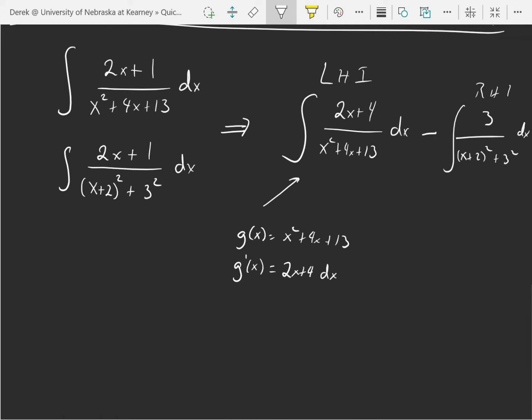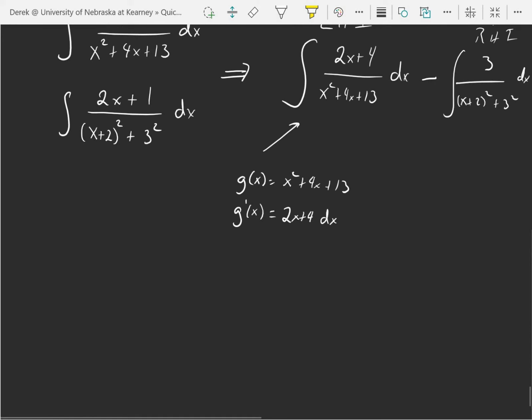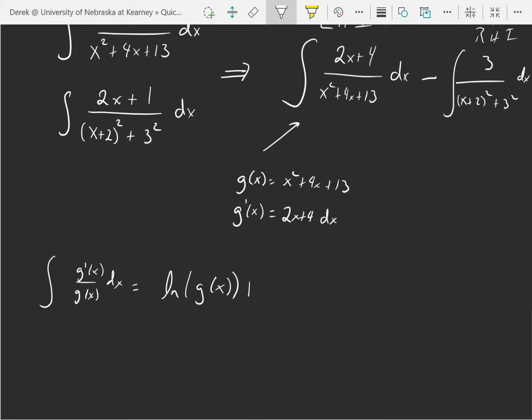This is the integral of g prime of x over g of x dx, which is the natural log of g of x plus a constant. So that's going to be the natural log of x squared plus 4x plus 13. Okay, now we have to work with the right-hand side.